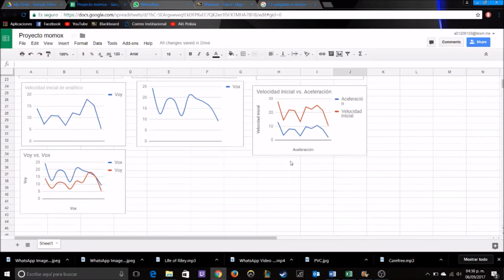Now, comparing, we can see that the initial velocity versus the acceleration, you can see how this changes completely.